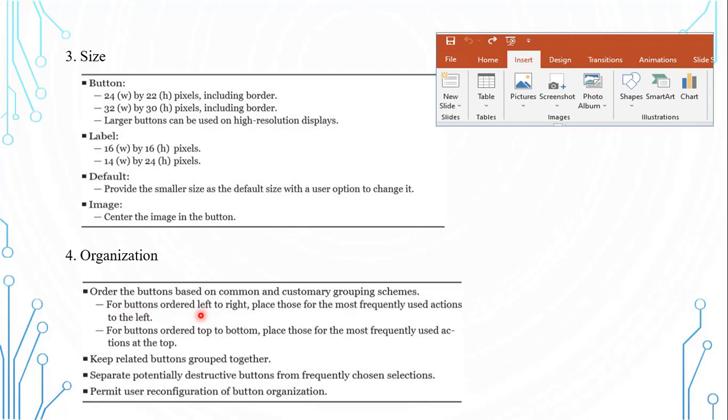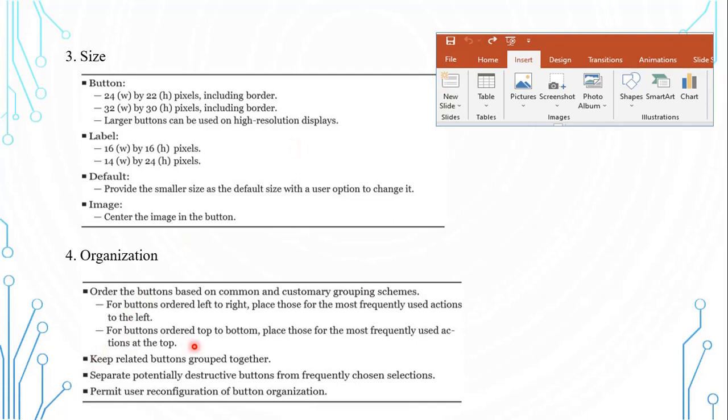For buttons ordered left to right, place those most frequently used actions to the left. As I said in earlier sessions, the most frequently used actions and commands will always be placed in the top left corner of your screen, or your window. So the same ordering has to be followed here. For buttons ordered left to right, place the most frequently used actions to the left of the screen.